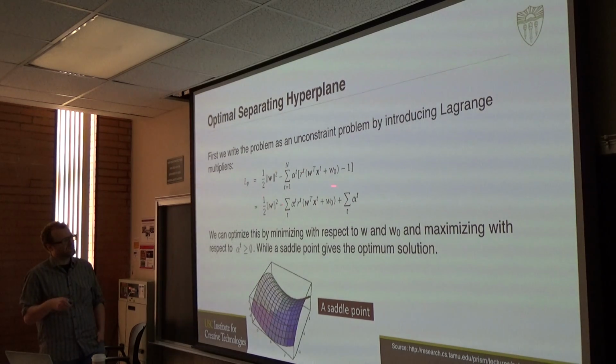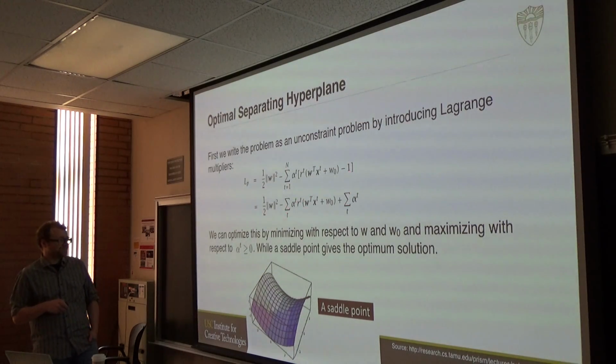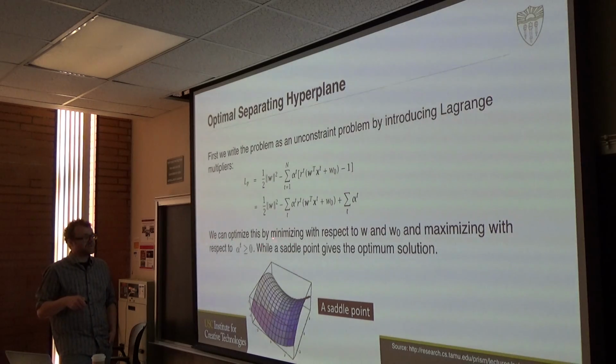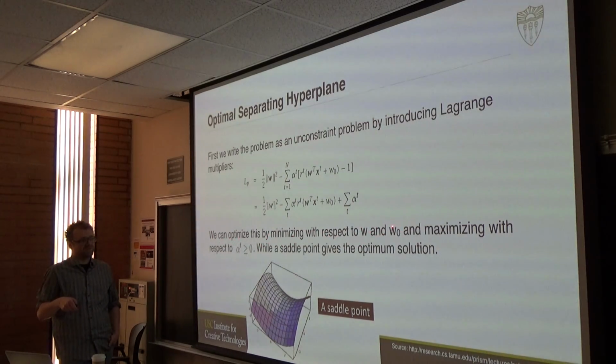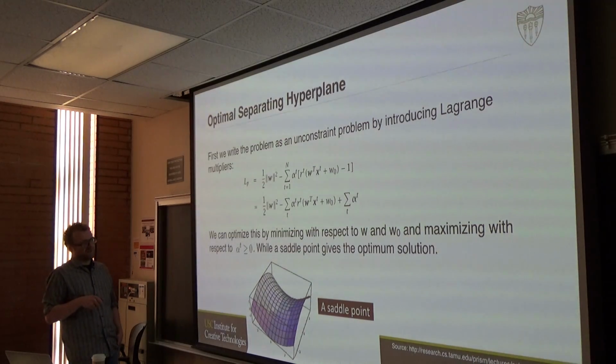We can multiply that out, and now we bring the alpha out and have two sums. We now optimize this by minimizing with respect to w and w0 and maximizing with respect to alpha greater or equal 0. So these are our Lagrange multipliers.